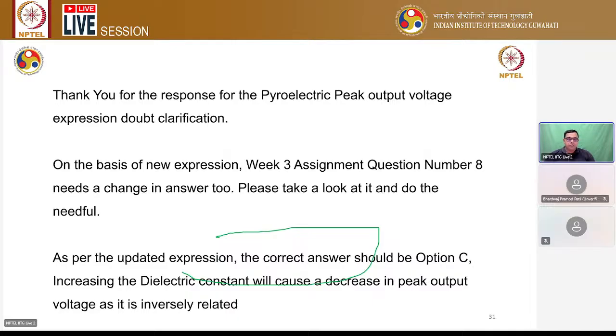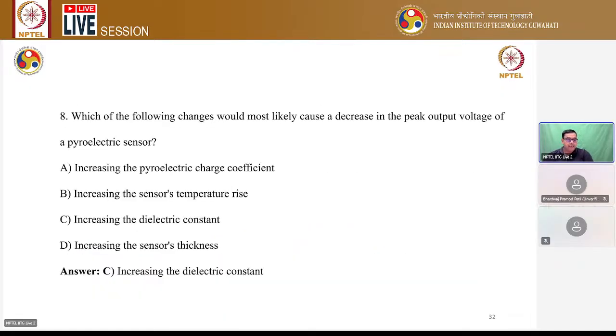For other questions, like the week 3 assignment, we have now changed the answer from D to C. It is now increasing the dielectric constant, right? Those who have given the correct answer, that is being changed parallelly.